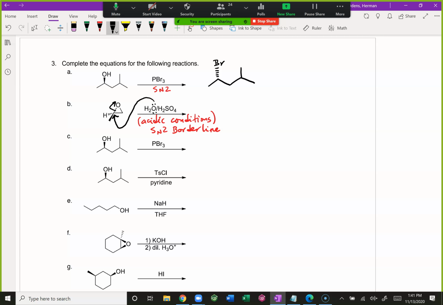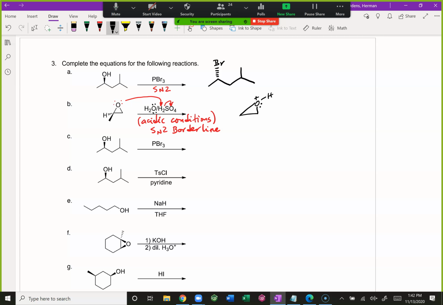So basically, I'm gonna do this one stepwise because I didn't do it last time. The oxygen from the epoxide grabs an H, turns those electrons there, and now you made this elongation called alkoxonium ion. Remember that?